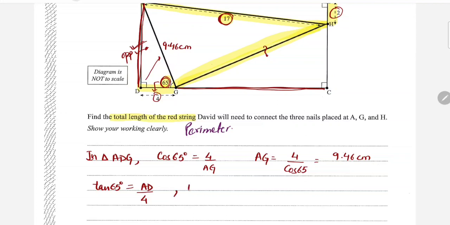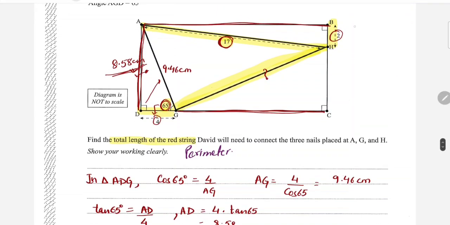That will give us AD is equal to 4 times tan 65. Put that into the calculator and that should give you AD is equal to 8.58 centimeters.